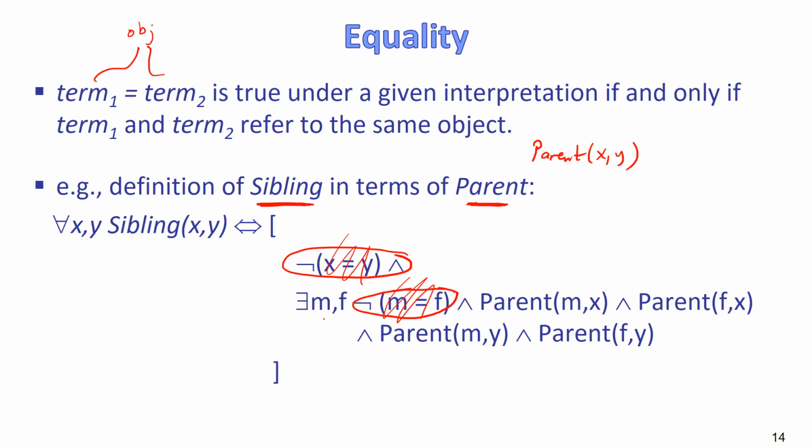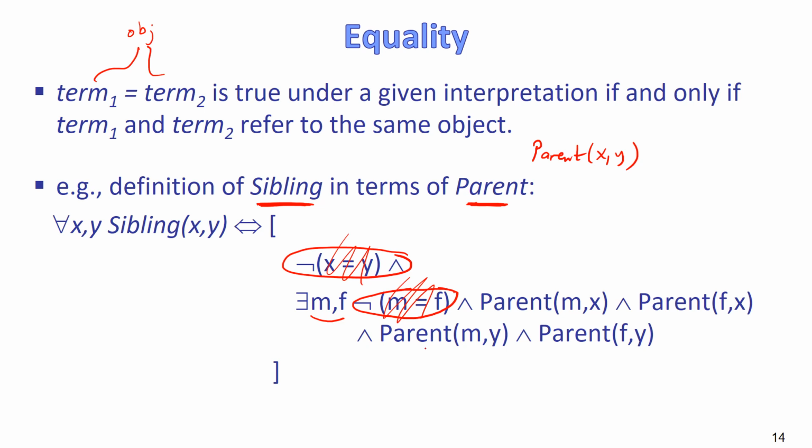So there are two persons, M and F, such that M is a parent of X and F is a parent of X. So that means that M and F are parents of X, and also M and F are parents of Y. So if I have the same parents as someone else, then we are siblings. I think this is clear.